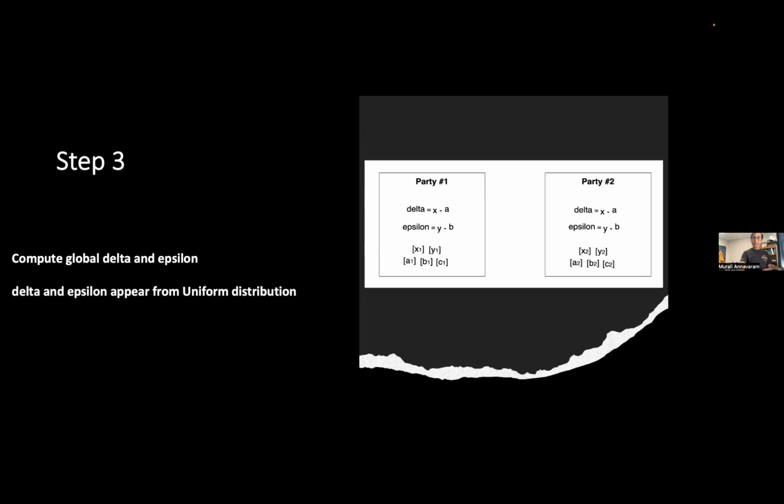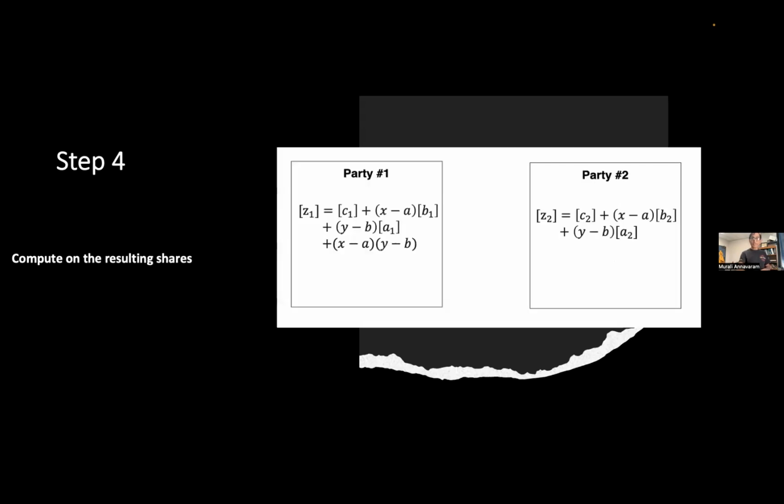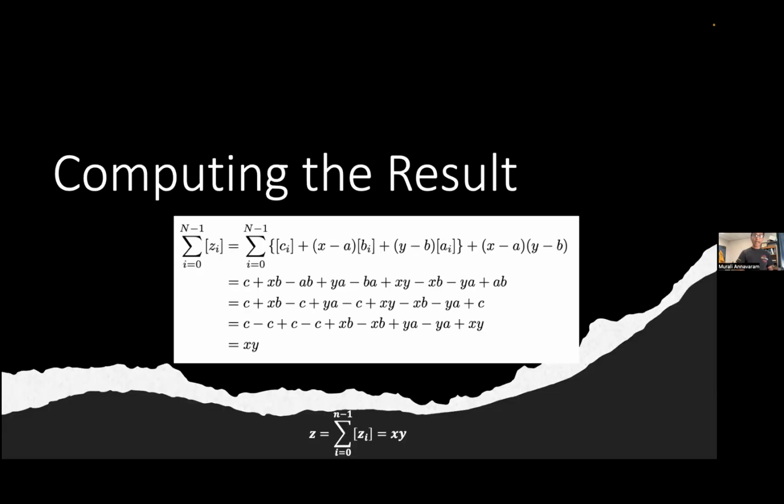And now the next step in this system is we basically do these two computations, Z1 and Z2. You can see this is just basic linear algebraic equations. Once we compute Z1 and Z2 on the two parties and sum the two results, you can work through this equation and you will see that, remember, C is equal to A times B. That's the most important part.